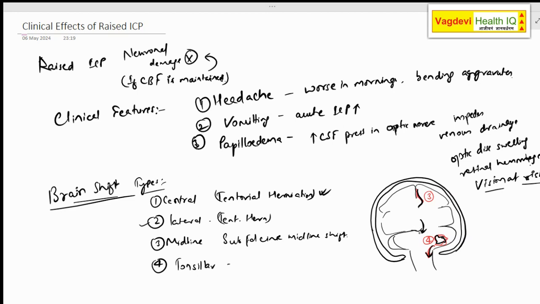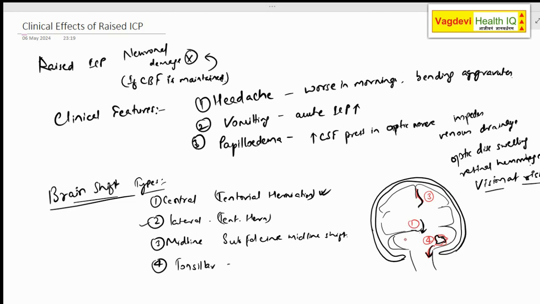So this is called central herniation, the central type of tentorial herniation. This was number 1.